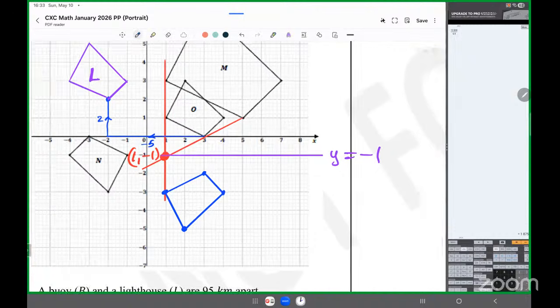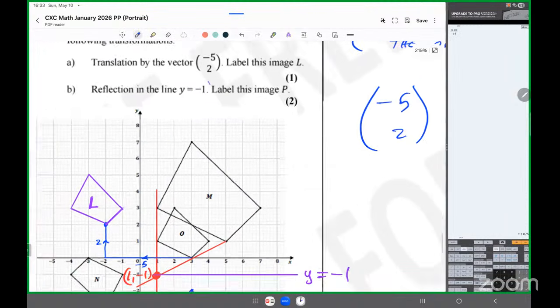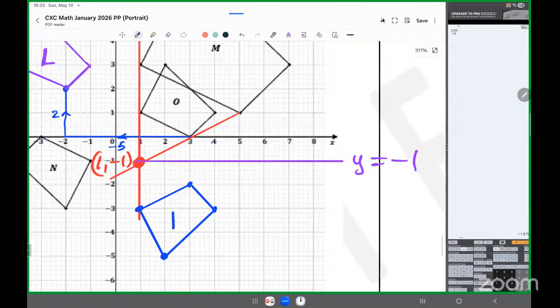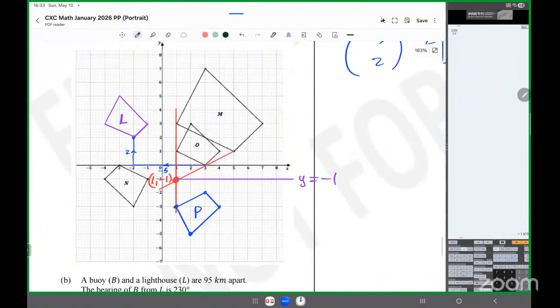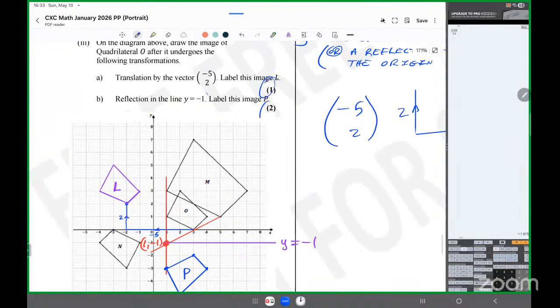All right, that is it. Now someone label this last one, label it P. So this is P. So when you're done, guys, that's what the diagram is supposed to look like. So the P is supposed to be there and the L is supposed to be there. That's what you're supposed to have. If you don't have that, you lose marks. They will have the marks here for each one.